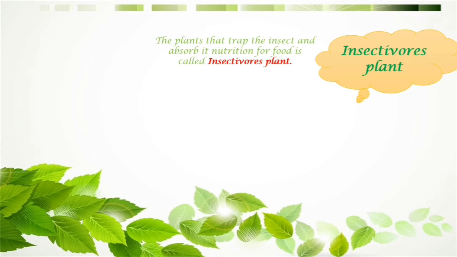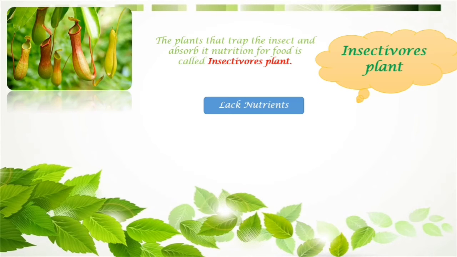Yes, so for the minerals, they will try to trap them from the insects, because they grow in places where nutrition is not at all available. All right, so the major nutrient required is nitrogen. In the places where these plants grow, we cannot see much nitrogen. It will be lacking over there. So that's the reason these plants are called insectivorous plants.